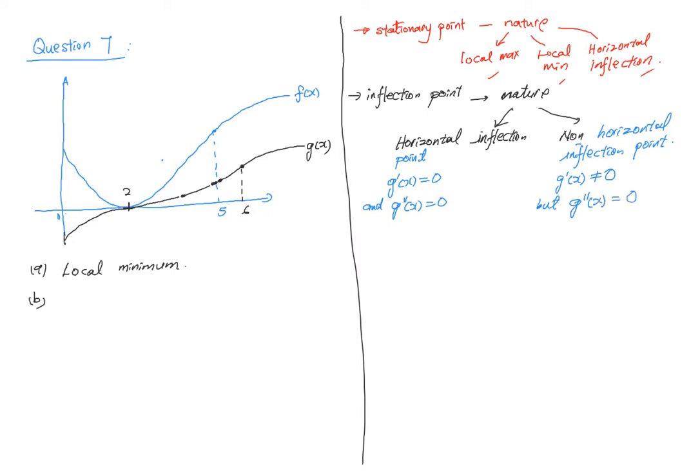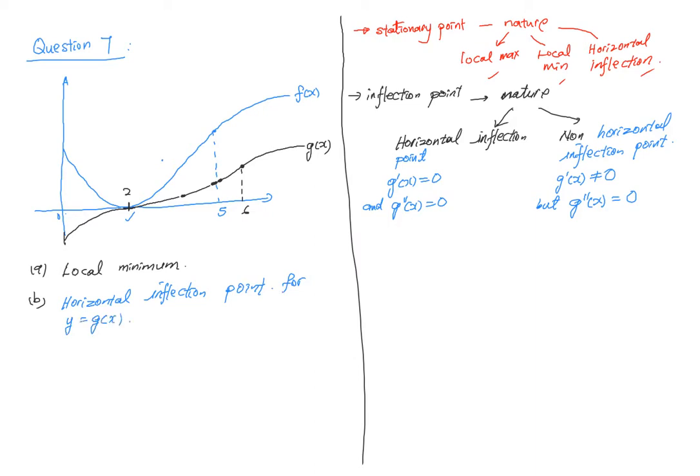Now they want x equal to 2 here. If you look carefully, this one should be a horizontal inflection point, for y equal to g(x), if you want to be very accurate.